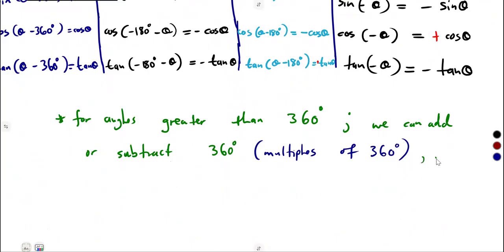That's the major case. So until the angle is between 0 degrees and 360 degrees. It can be negative or positive, as long as it is between 0 and 360.